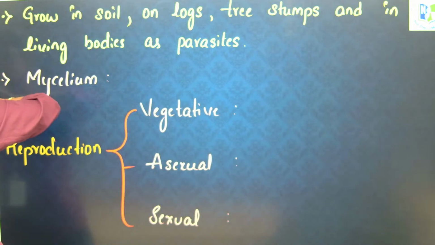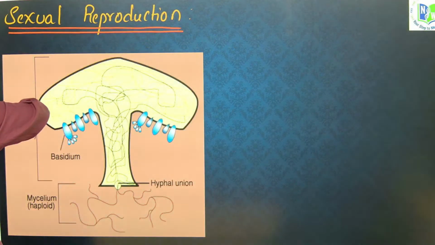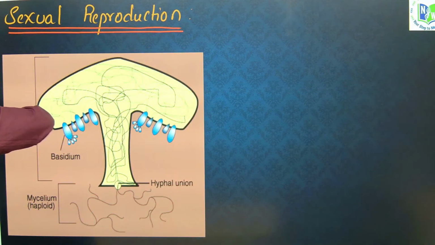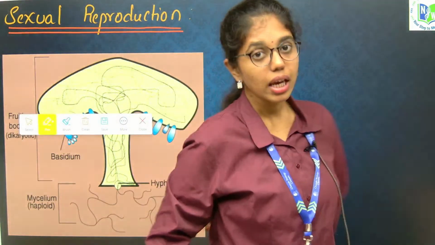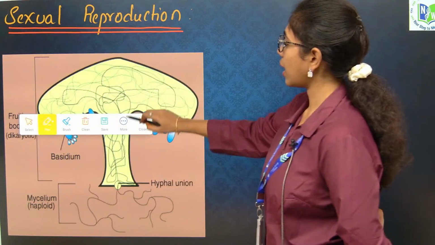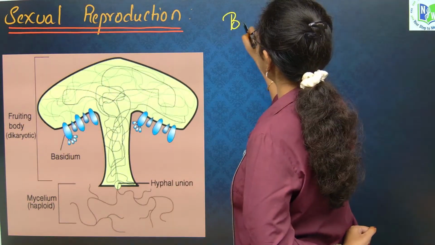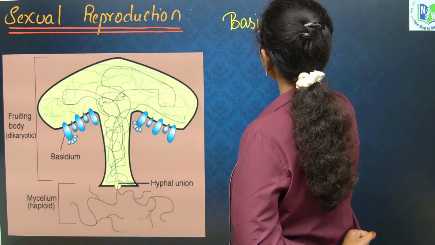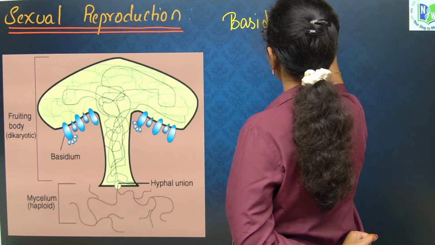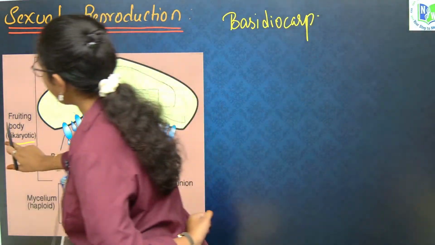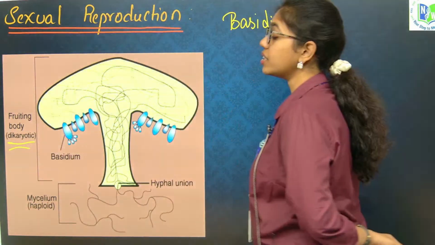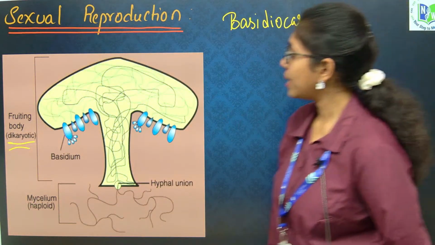In sexual reproduction, like how the ascocarp is seen in Ascomycetes, in Basidiomycetes you can observe basidiocarps. From the basidiocarps, which are the fruiting bodies, you can see the dikaryotic stage, and post fusion the basidium is formed.